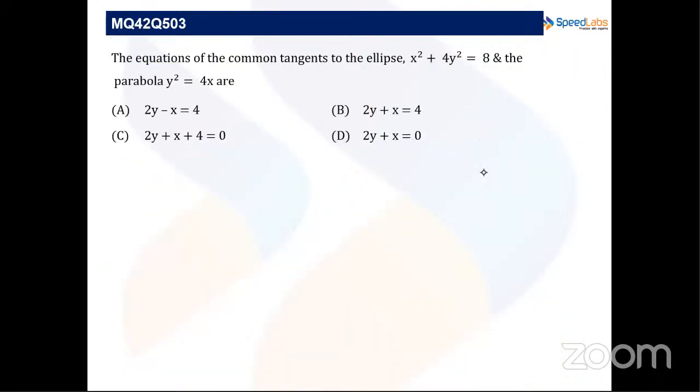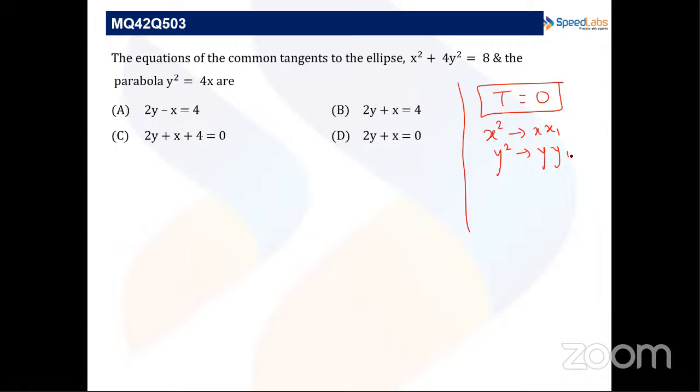Now, moving to our next slide. Our next question is: the equation of common tangent to the ellipse and the parabola are. When we go to the equation of tangent, we know that it is represented by T equals 0. To convert an equation to the equation of tangent, we replace x square by xx1, y square by yy1.